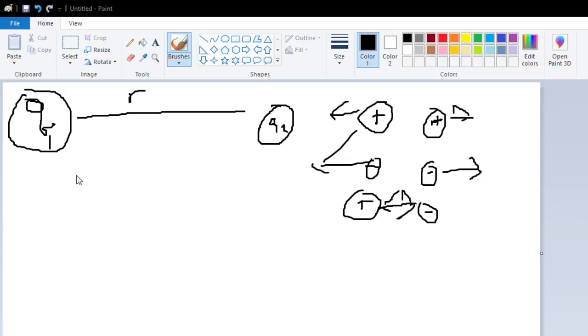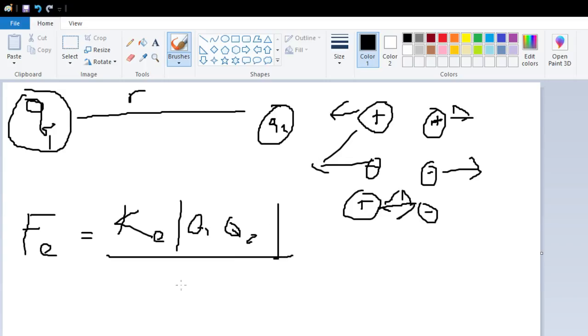Basically, Coulomb's law is saying that the electrostatic force, I'm just going to name it F sub E, electrostatic, is equal to a constant K, since the electrostatic force is directly proportional, times the absolute value of Q1, because for now we're just measuring magnitude, times Q2, over the distance in meters squared.